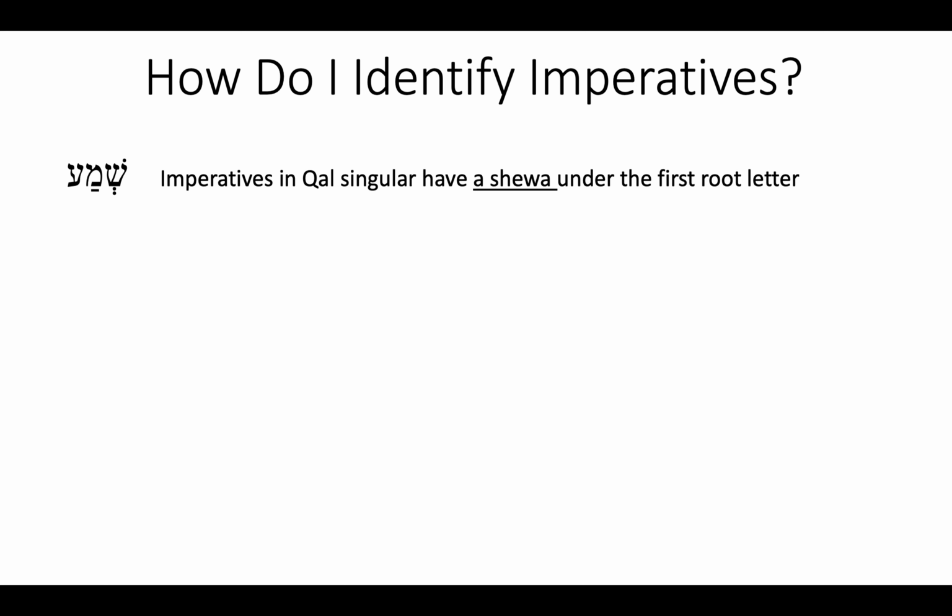The schwa sound under the first letter is very short and very distinctive. You don't really see something like this in many other places in the language, although it's possible to confuse them with another form that we'll be talking about coming right up.